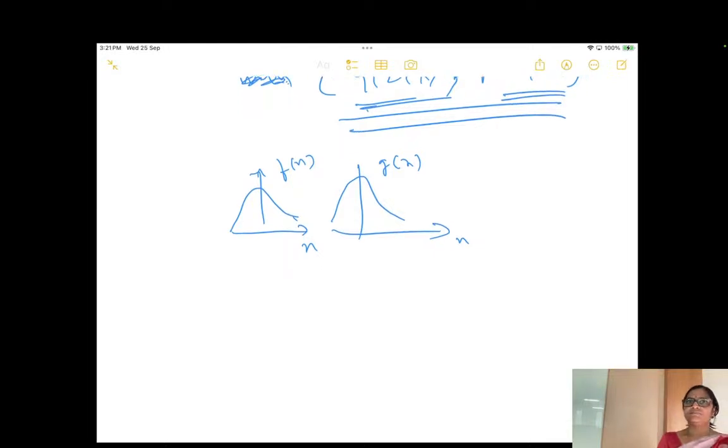Have you heard about correlation? Correlation between two functions, correlation? What does the correlation define? How does the correlation define?